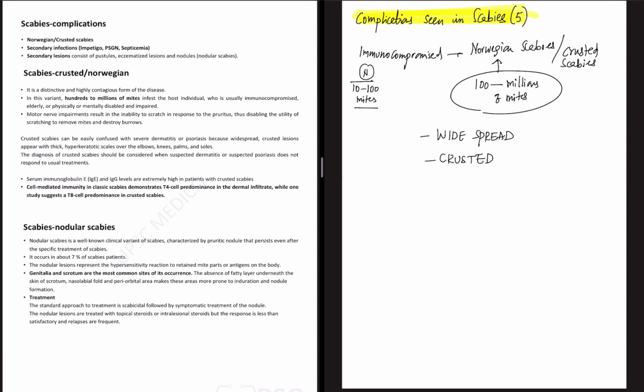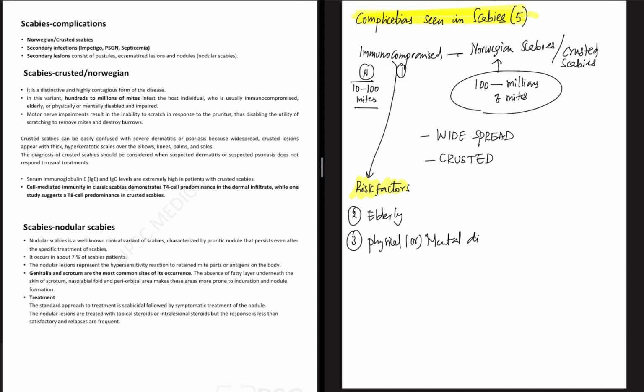This is the thing that you need to understand. It is usually seen in the immunocompromised. Apart from the immunocompromised, the other risk factors to know are: the second is the elderly, and the third is physical or mental disability.